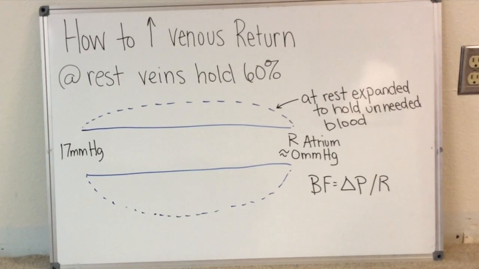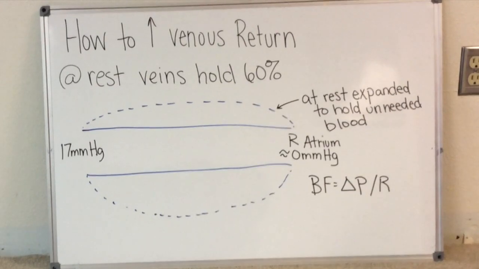However, there is still a pressure gradient because the right atrium has a pressure of about 0 millimeters of mercury. Any way that we are able to increase venous pressure or exert a squeezing effect on the veins, we would be able to increase this pressure gradient.